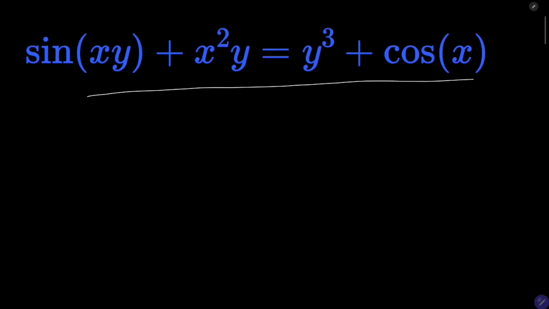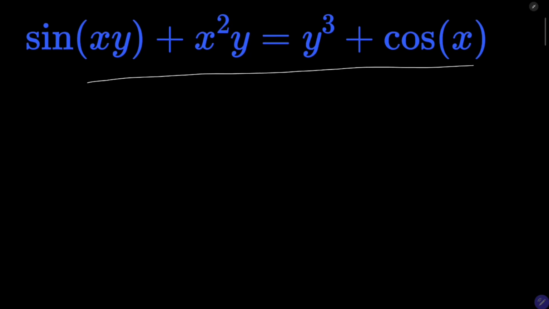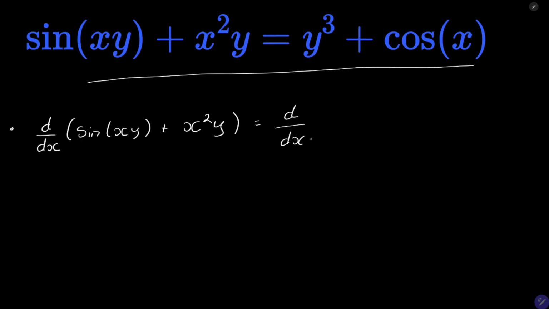What did the second step ask us to do? It asks us to apply the derivative with respect to x on both sides of the equation, that is the left hand side and the right hand side. So let's apply it. d/dx of our left hand side, sin(xy) + x²y, equal to d/dx of y³ + cos x.